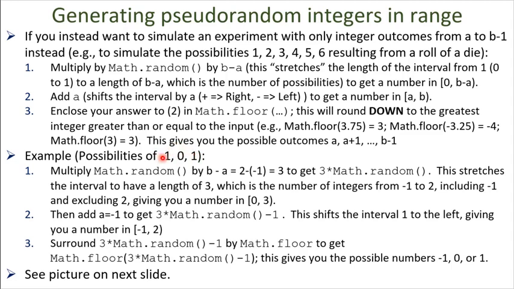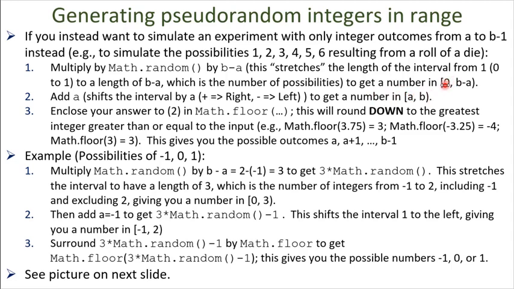You're not also counting the -1, right? So to also include the -1, we were going from A to B minus 1. We multiply instead by B minus A instead of B minus 1 minus A, right? So once we actually have stretched it, just like before, we're going to be adding A. This will give us a number between A and B, right?